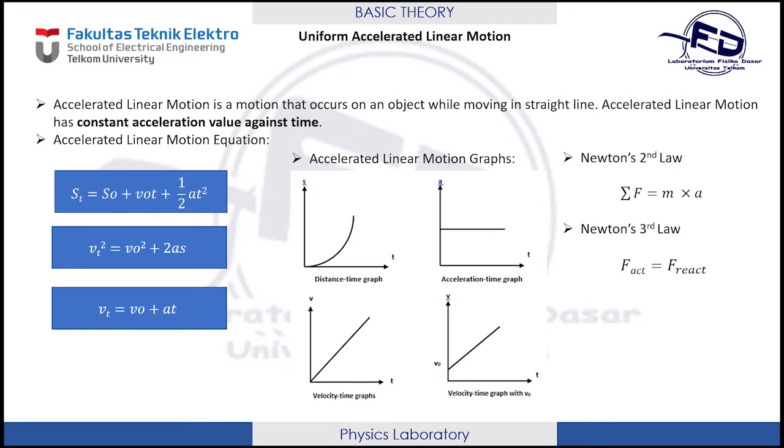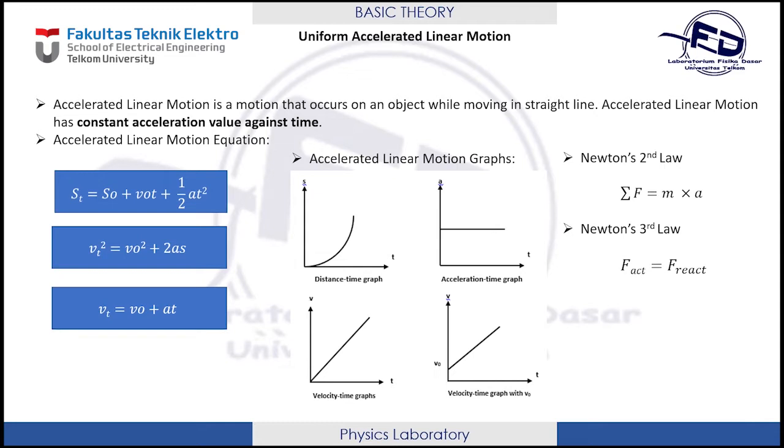With st as final distance in meter, so as initial distance in meter too, Vo as initial velocity in meter per second, Vt as final velocity in meter per second too, a as acceleration in meter per second square, and t as time in second.